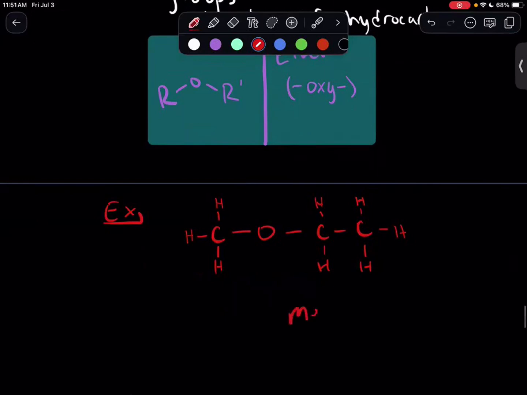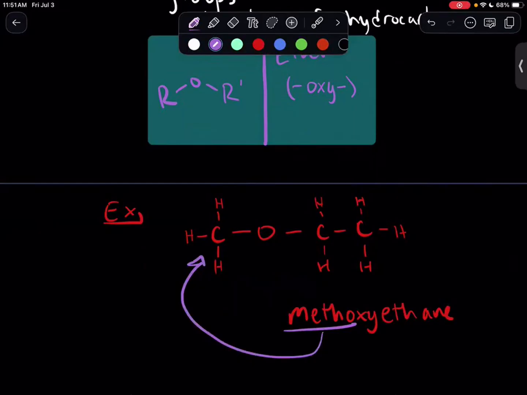This one we call methoxyethane. So we see that the meth refers to this one carbon. The oxy refers to the oxygen, and the ethane refers to this two carbon chain.